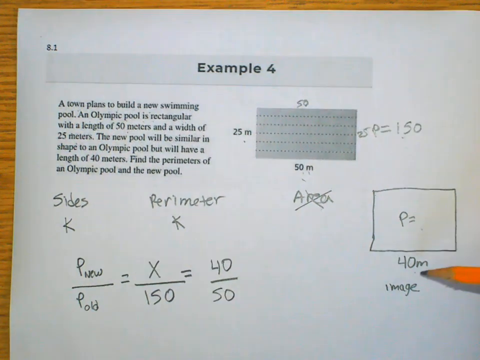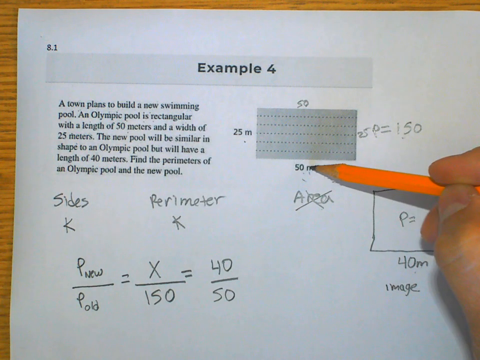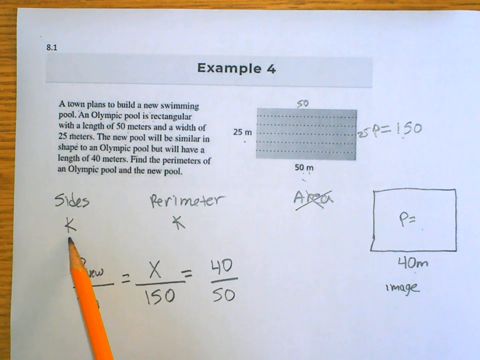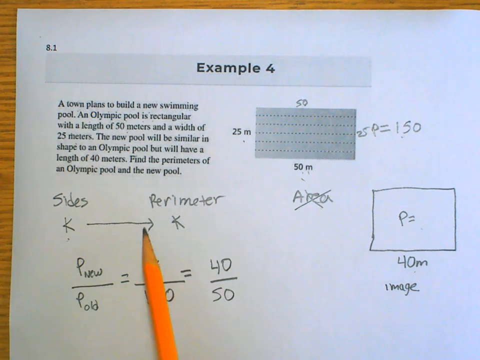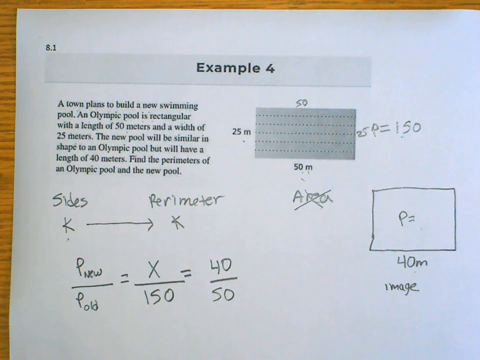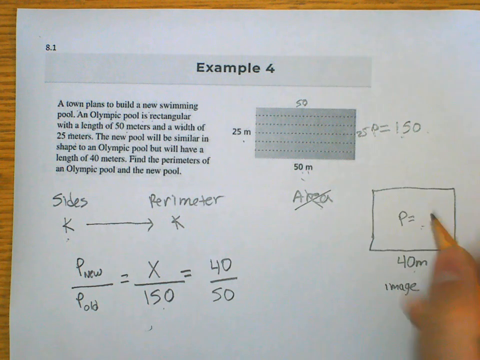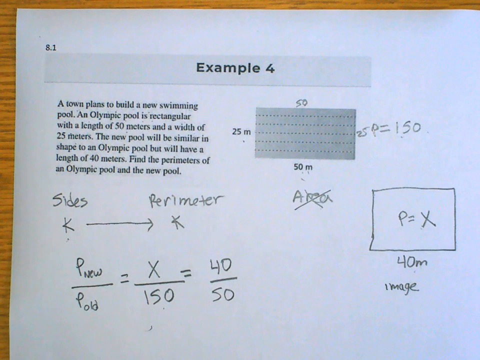Remember, 40 over 50 is going to give me the scale factor. But remember that the scale factor is the same for the scale factor of the perimeter, which happens to be whatever this right here would be. Because you get 150, actually you get whatever unknown here is, over 150. And all we have to do now is solve for x.